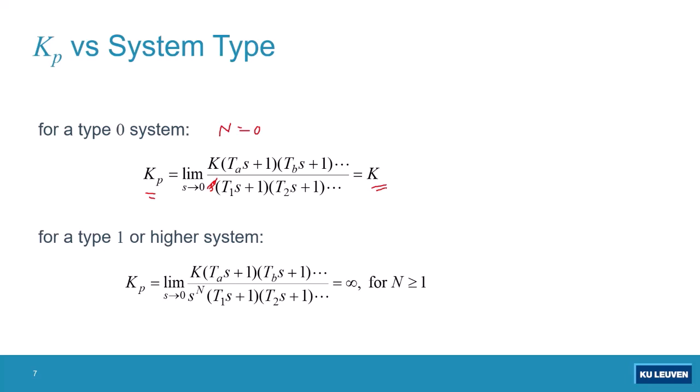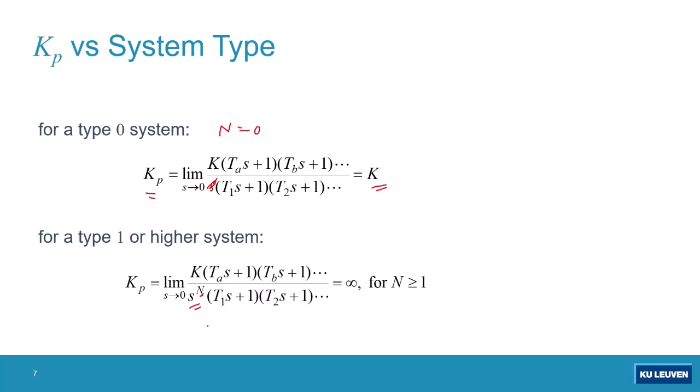What happens if we have a type 1 or higher system? If we have type 1 or higher, we will have a pole or poles in the open loop transfer function of the unity feedback system that are equal to 0. For a type 1 system, the n will be equal to 1. For a type 2 system, the n here will be equal to 2, and so on and so forth. That means we definitely have a pole or poles that are equal to 0.